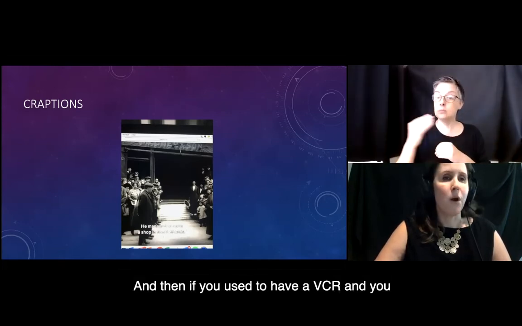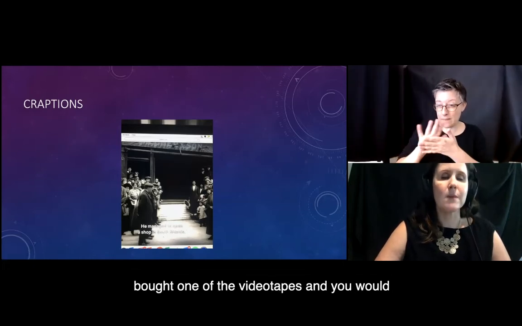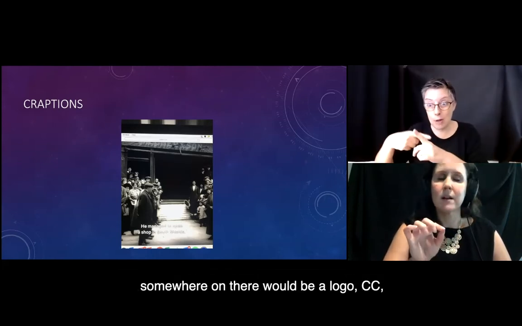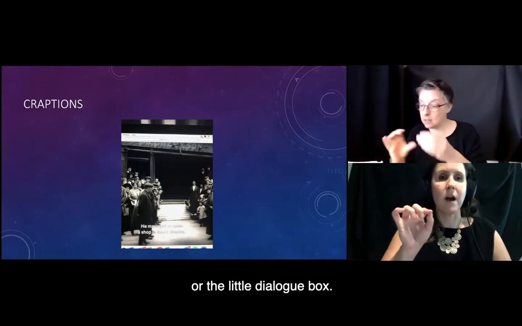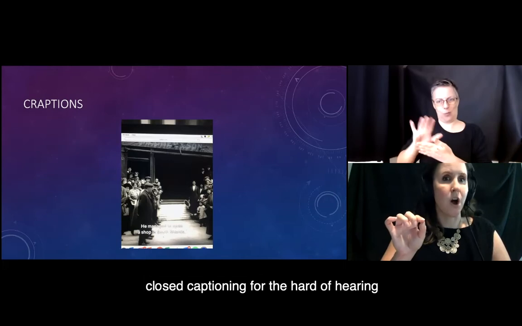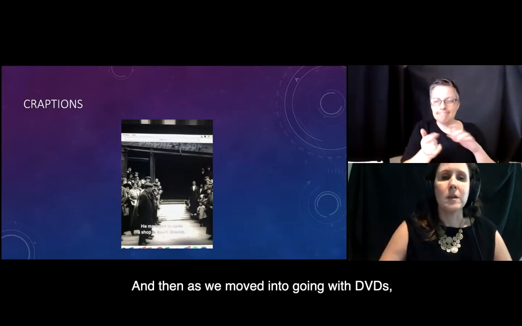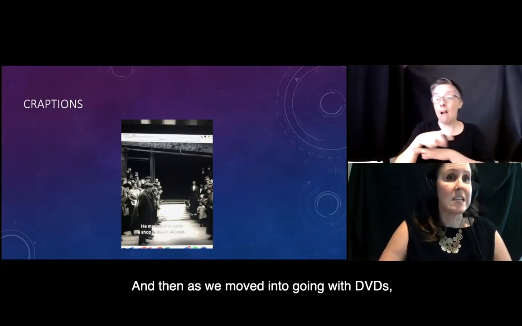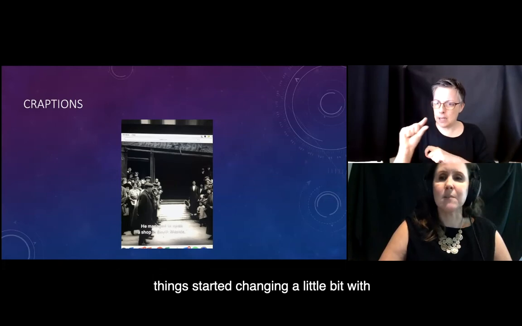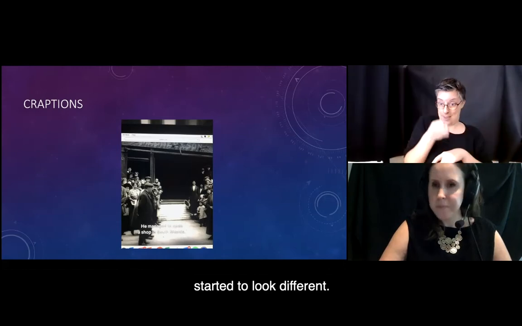If you used to have a VCR and you bought one of those videotapes, you would look on the box, and somewhere on there would be a logo, CC or the little dialogue box, and that would tell you that this movie is closed captioned for the hard of hearing and the deaf. Then as we moved to DVDs, things started changing a little, because the same logos were there but the format started to look different.